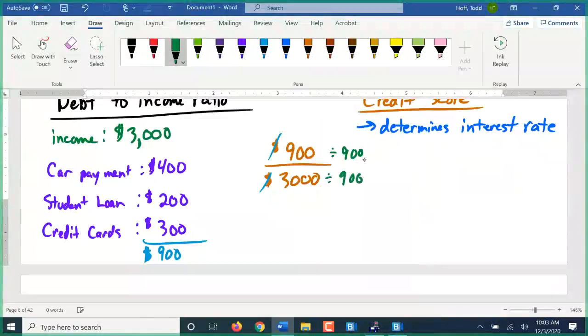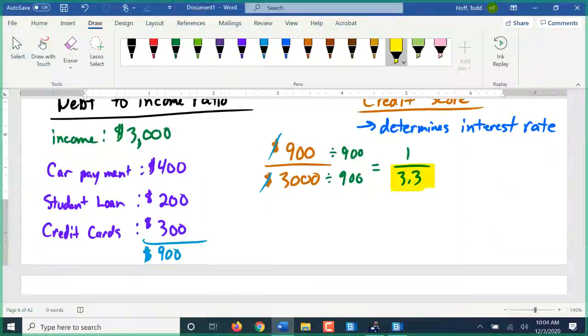It's kind of a reverse unit ratio. 900 divided by 900 is 1. 3,000 divided by 900 is 3.3. This bottom number should be at least a 3. And here it is, it's 3.3. So that means you're okay here.